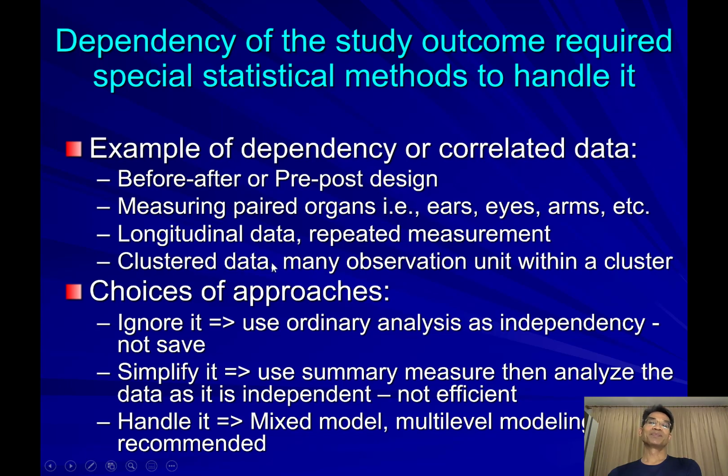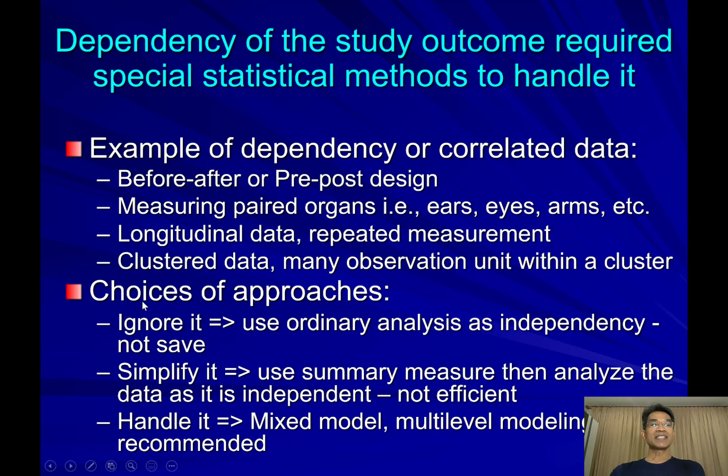For example, who treated, not only the different participants. That's the cluster. Or family members in the same family are correlated in that outcome, for example. So many observation units within a cluster is another type of dependency among observations as well.